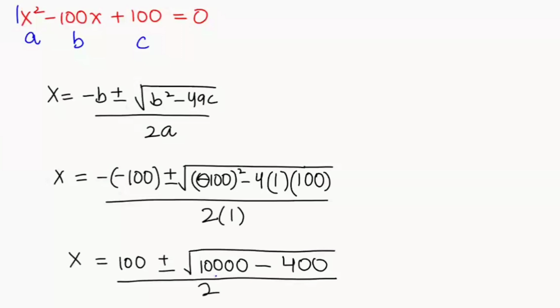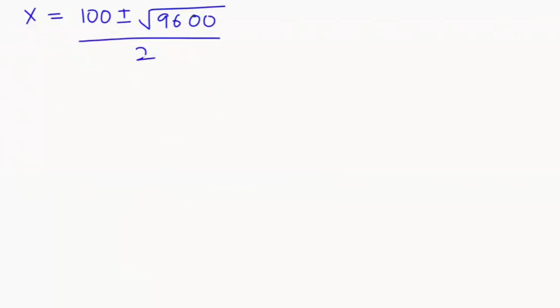So I am going to simplify further. x equals 100 plus or minus root 9600 over 2.